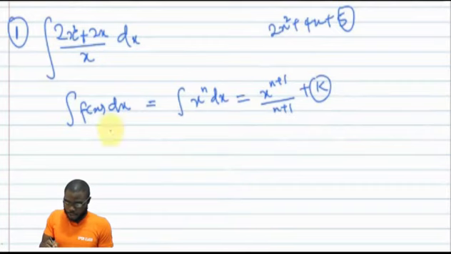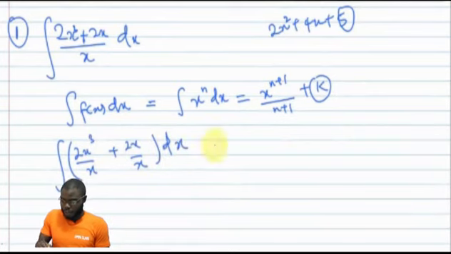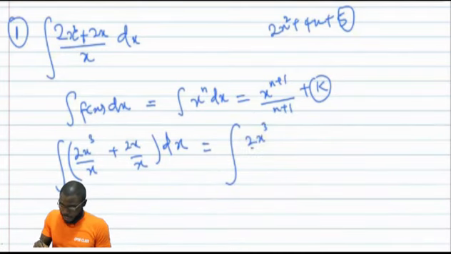Now this equation is a joint equation. I'm going to split it. So coming back to our solution, the initial question, I would split this into 2x cubed over x plus 2x over x, which can be written down as the integral of 2x cubed over x dx plus the integral of 2x over x dx.